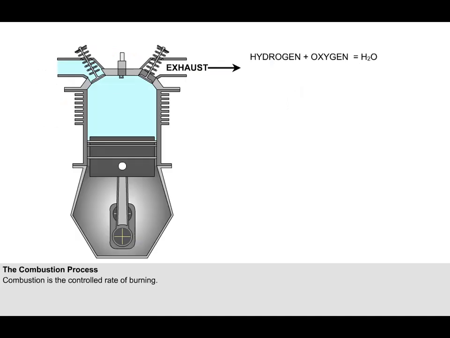When combustion has been completed, the hydrogen in the fuel will have combined with the oxygen in the air to produce H2O in the form of water vapour. And the carbon in the fuel will combine with the oxygen in the air to form carbon dioxide, or CO2.